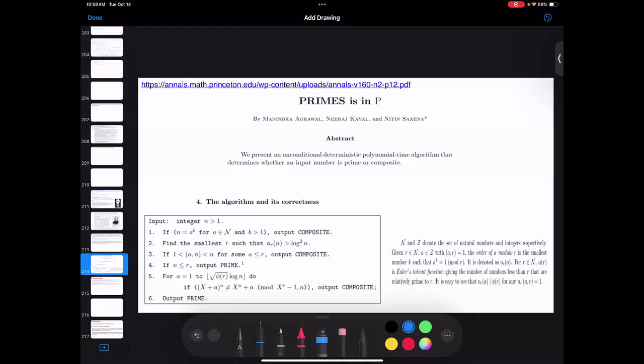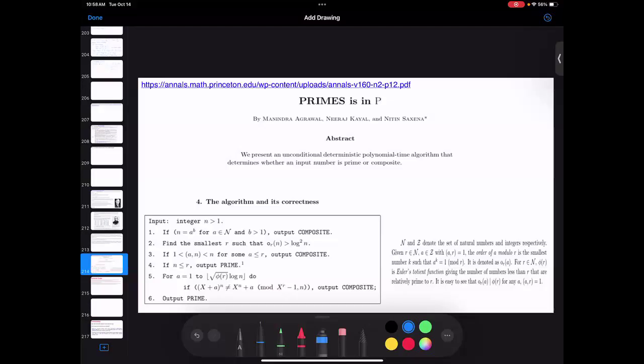And then if it turns out that a certain GCD is between 1 and n, that means I found some number a that has a common factor with n. The number must be composite, right?